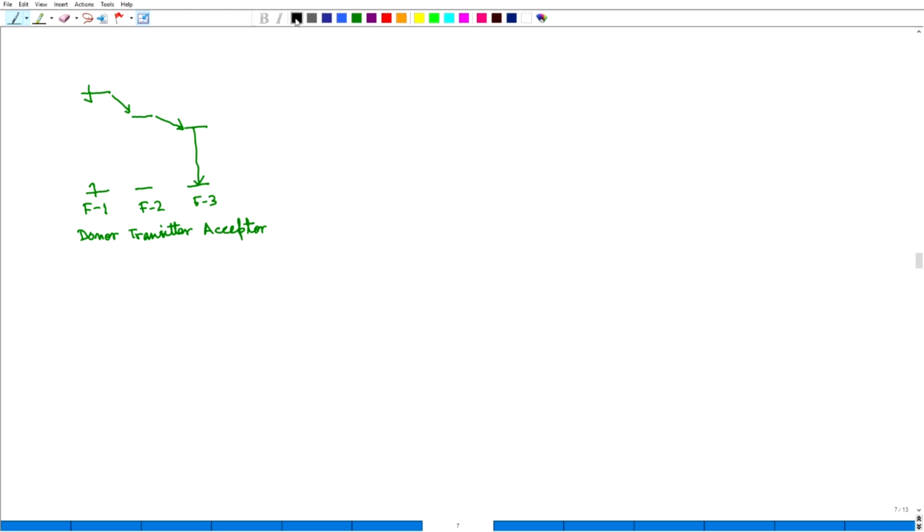Let me write a system which will show you. We have done some work on this, and that is why I am always showing you this.